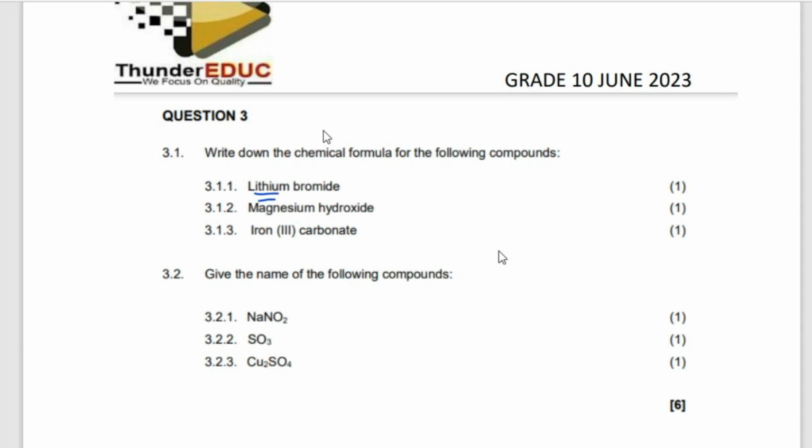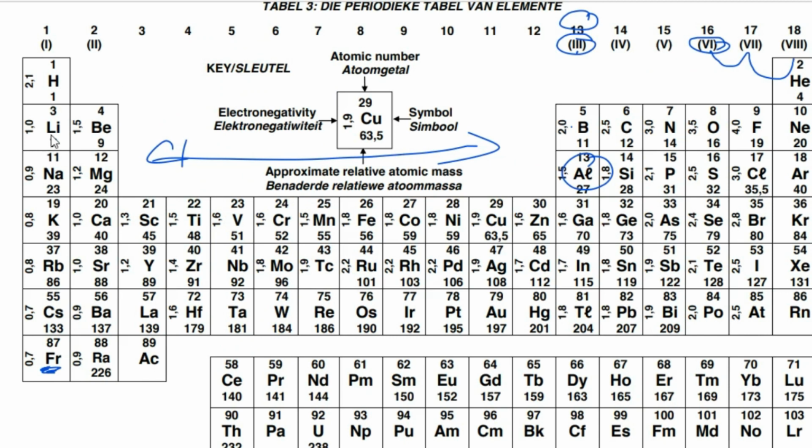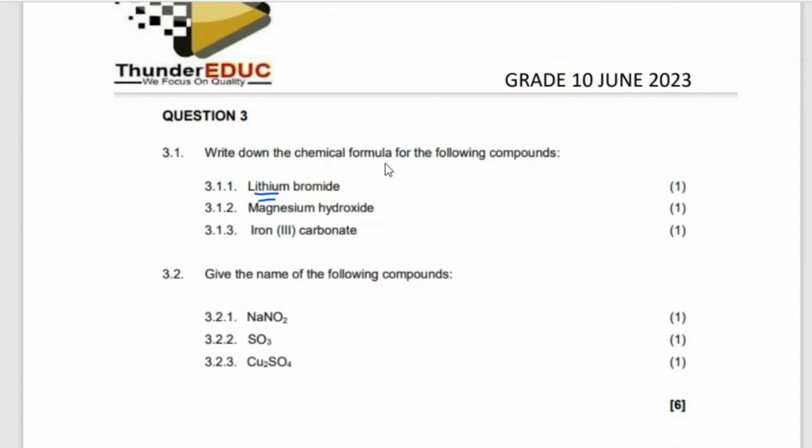Lithium is a metal. Go to the periodic table. Lithium is in group 1. It's going to lose 1 electron, so it is positively charged. Bromide is in group 7.